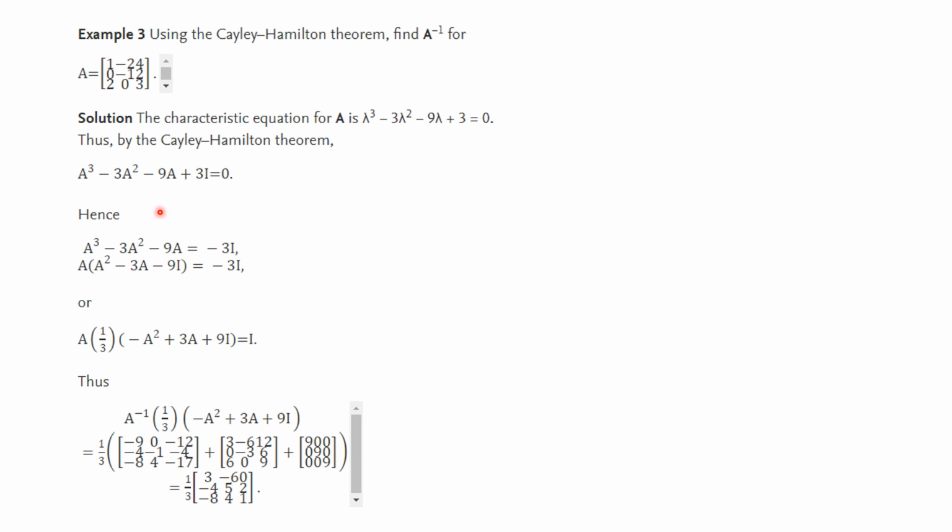Okay, so the characteristic equation which you have to come up with is, this time, lambda cubed minus 3 lambda squared minus 9 lambda plus 3 is equal to 0. So we substitute in, but we know that that has to equal 0. And so that means that this is equal to minus 3I, and I can factor that out. And so A times 1/3 times minus A squared plus 3A plus 9I is equal to the identity.